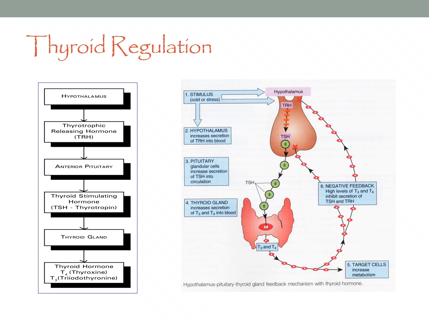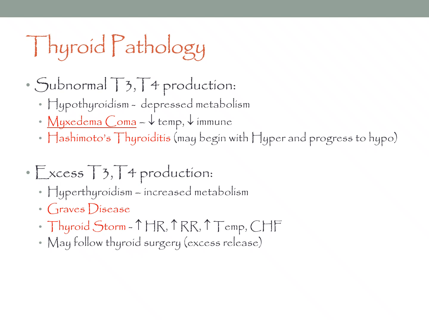Moving on to thyroid disorders. Like adrenal cortex disorders, thyroid disorders occur when there's too much thyroid hormone or not enough of the thyroid hormones. On this slide, I've summarized the conditions that we're going to talk about. Remember, the thyroid hormones are responsible for cellular metabolism in pretty much every cell of the body.